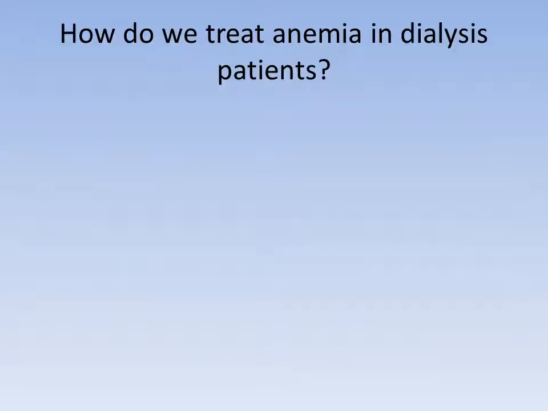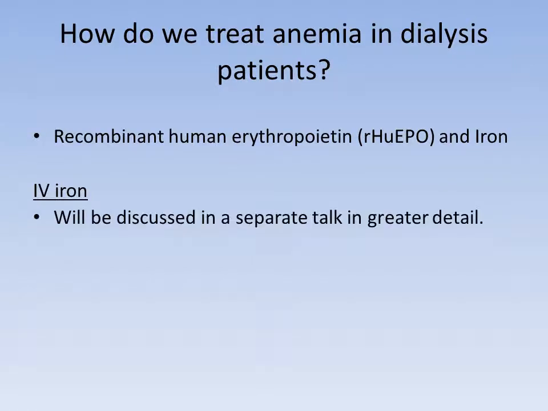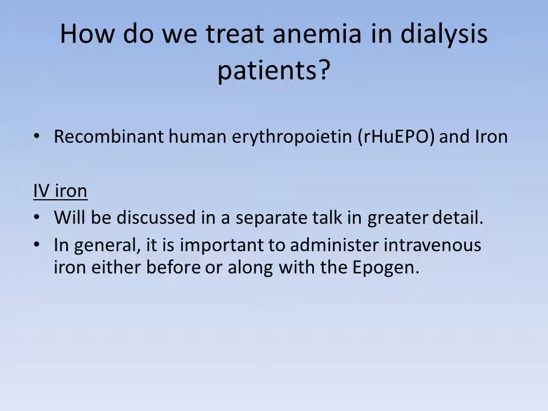Okay, so how do we treat anemia in dialysis patients? So, of course, we give them recombinant human erythropoietin. We also give them intravenous iron. We'll talk about IV iron in a separate talk in greater detail, but in general, it's important to administer intravenous iron either before or along with the epogen.